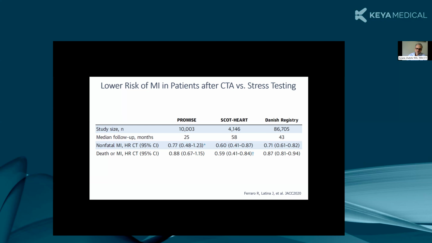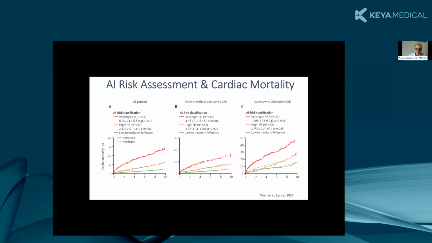So we're missing the opportunity in a huge population to identify them as having coronary atherosclerotic disease and then be able to provide preventive measures. Instead, we're still looking for the holy grail and the next best thing, again missing the opportunity to do something at the same time while we're here in clinical practice.